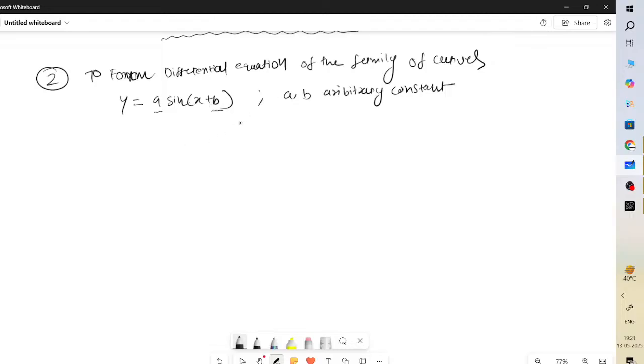Okay, so we are first differentiating with respect to x, both the sides.